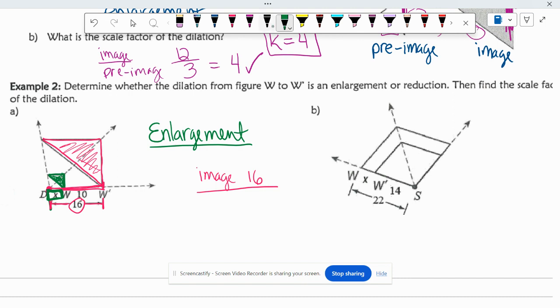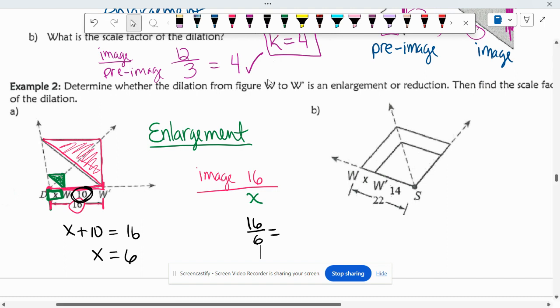Of just x. Okay. But what is this distance right here? 10. So think of it like this: x plus 10 equals 16, right? So x equals 6. Good job. So we really have 16 over 6, which reduces to what?